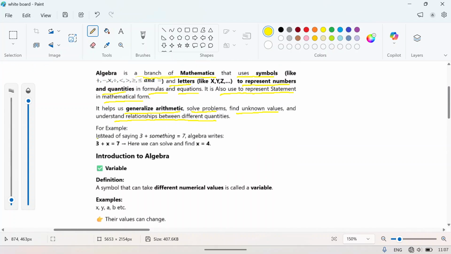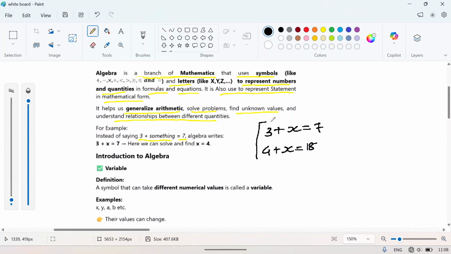One basic example of algebra: instead of saying 3 plus something equals 7, we write 3 plus x equals 7. Or instead of saying adding something to 4 becomes 18, we write 4 plus x equals 18.